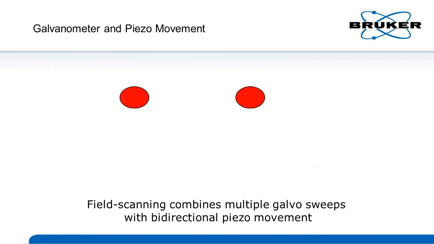And putting these together, you see what the scan pattern looks like. And this is bidirectional, so the galvo sweeps and the piezo are both bidirectional to make the scanning as efficient as possible.